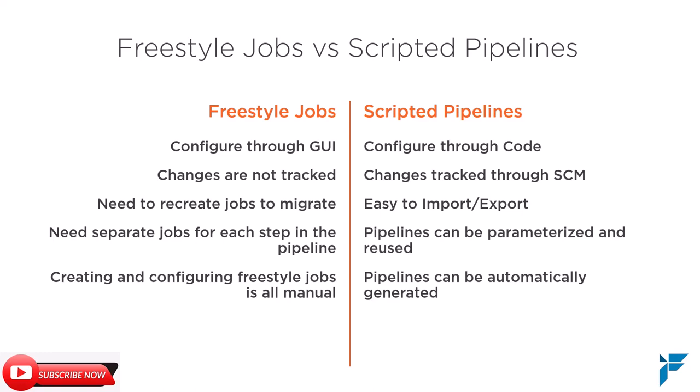I remember one of my first jobs when I got into DevOps in the first place was setting up a series of freestyle jobs that took me a couple of months to actually get through. Whereas pipelines can be pretty much automatically generated, and we'll go into that a little bit more as the course goes on. But a lot of what you'll see in scripted pipelines is programmatically already set up, and you just need to tweak it for your needs.